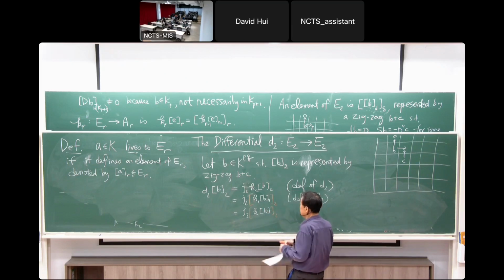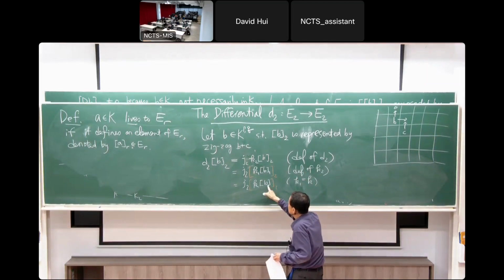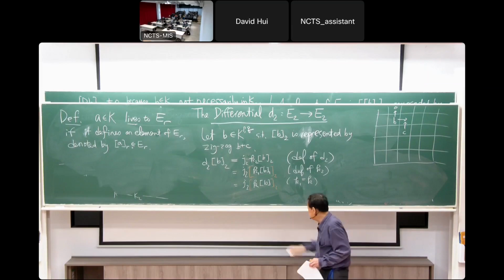So that's because K1 is K. And then K of B, well, we just did that earlier.